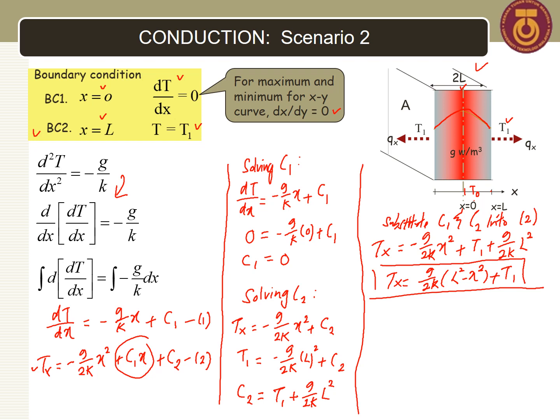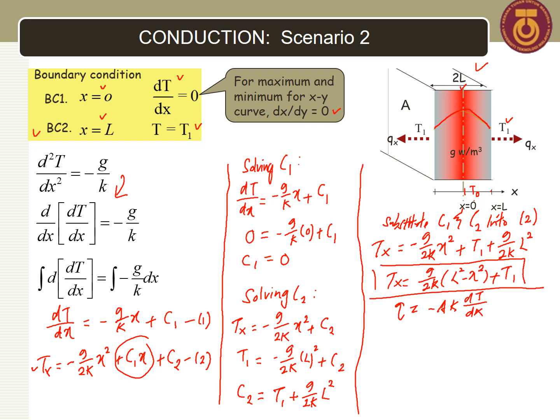Now let's continue with the derivation of Qx. Start from Fourier's law. Fourier's law states Q equals negative A k dT over dx. Integrate both sides.